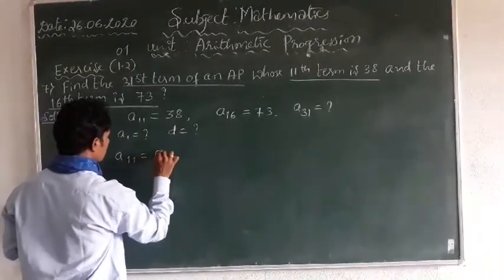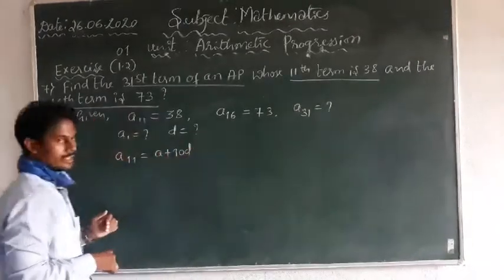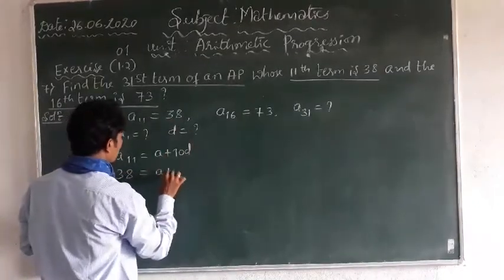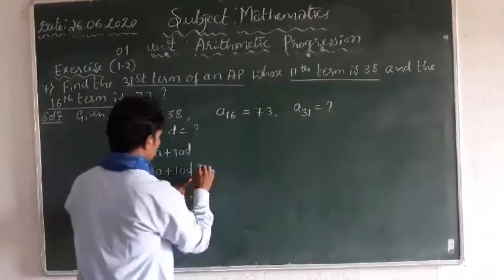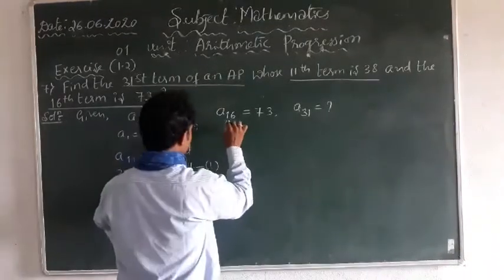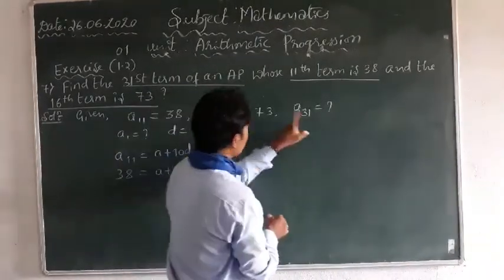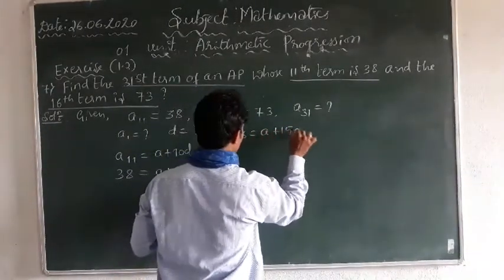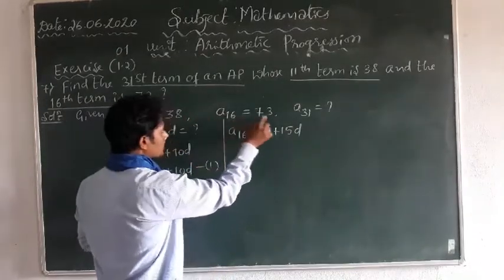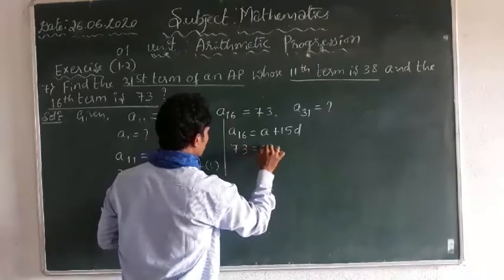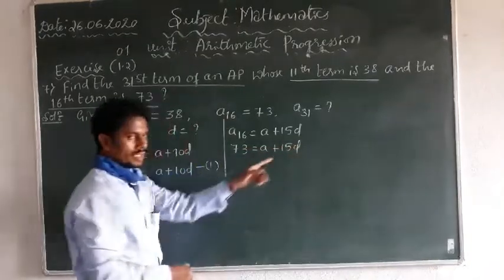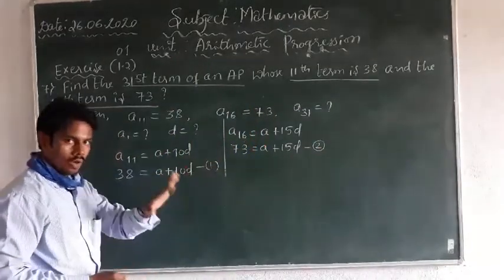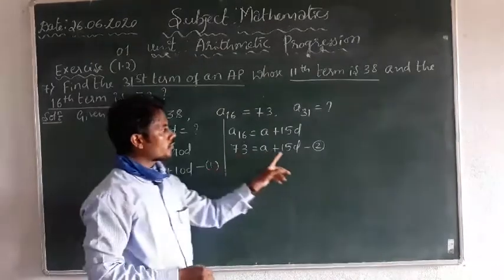A11 is equal to a plus 10d, so 38 is equal to a plus 10d. Equation 1. A16 is equal to a plus 15d, so 73 is equal to a plus 15d. Equation 2. Solve equations 1 and 2, or subtract equation 1 from equation 2.